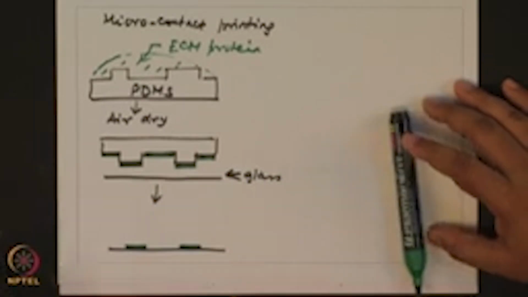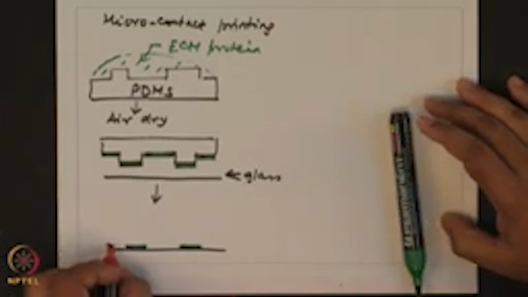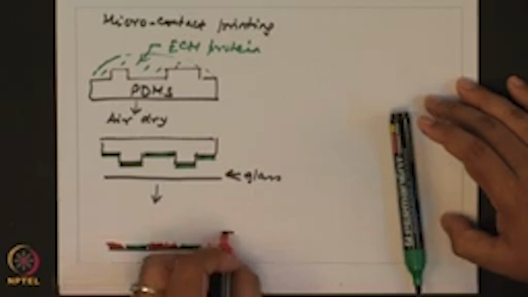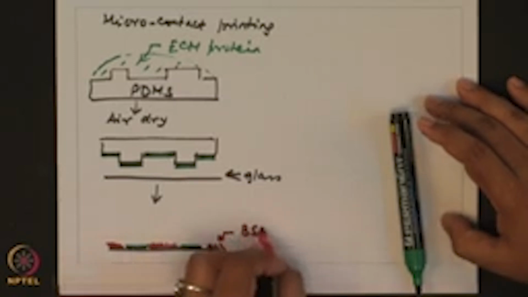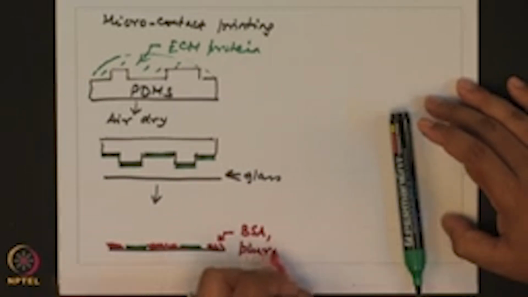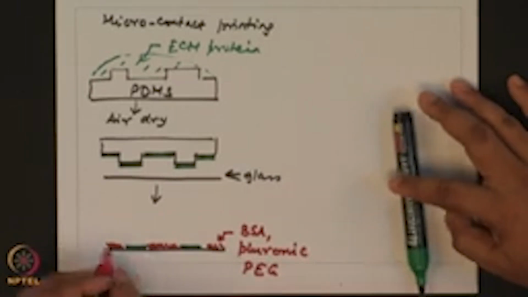After you have done this, you can block the remaining zones with BSA or pluronic or PEG, any non-adherent material.